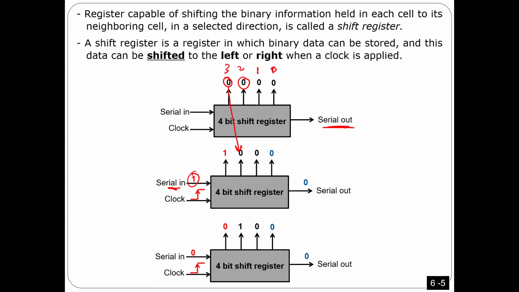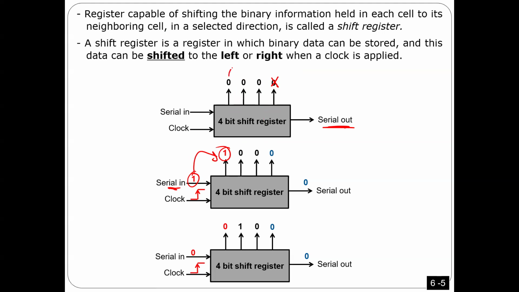So the bit in location number 3 is going to go to location number 2. The bit in location number 2 is going to go to location number 1. The bit in location number 1 is going to go to location number 0. And the first one is gone, is lost. I'm going to lose this bit. Every bit is going to shift, and the new one will come in here.